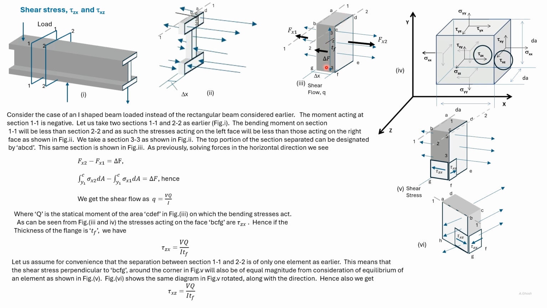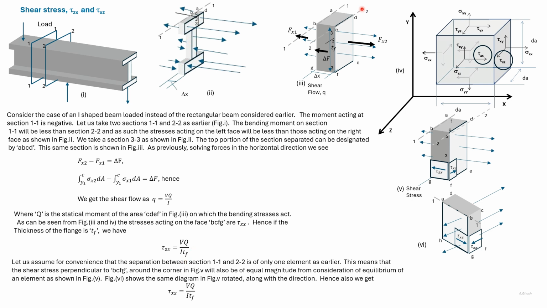So the shear stress acting on this face will be tau zx. The thickness here is the thickness of the flange. So we get tau zx is equal to VQ by I t_f.